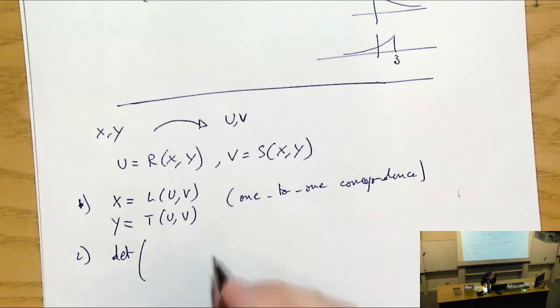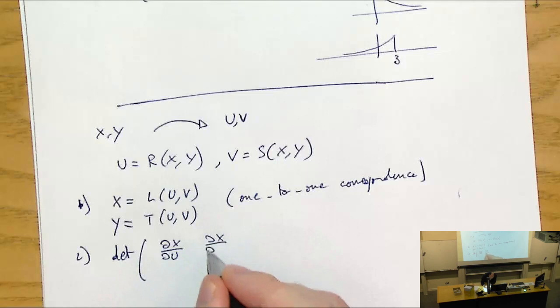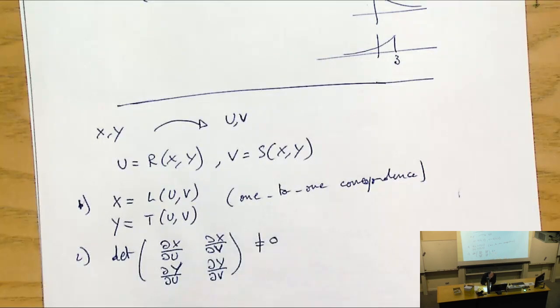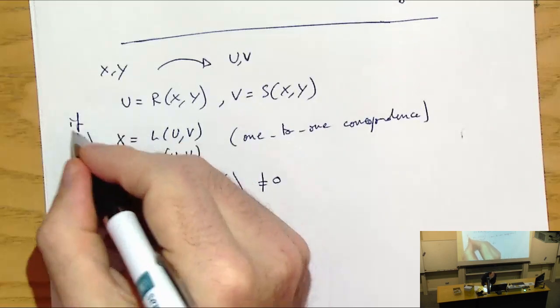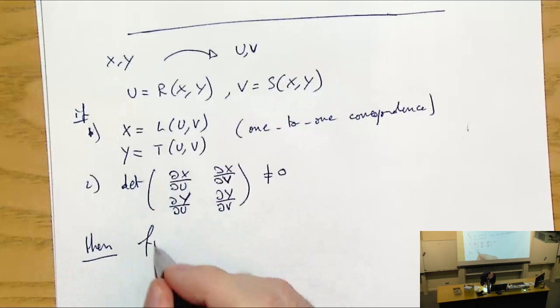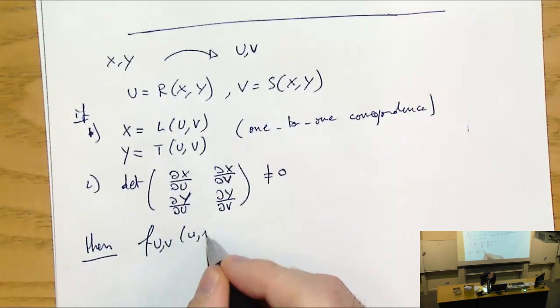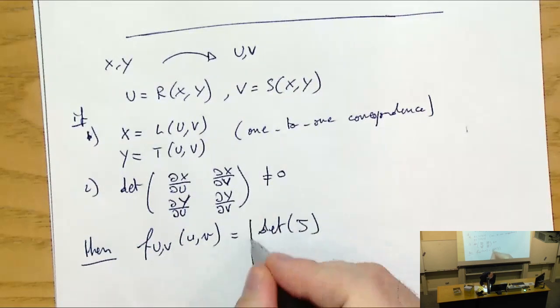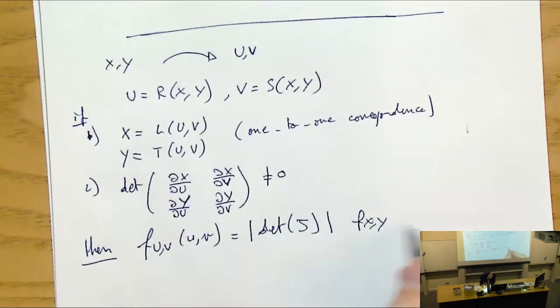So what that means is that our Jacobian here is dx/du, dx/dv, dy/du, dy/dv. If this is non-zero, so if you have those two conditions, then the joint probability density function of u, v will be equal to the absolute value of the determinant of this Jacobian multiplied by the joint PDF of x and y.